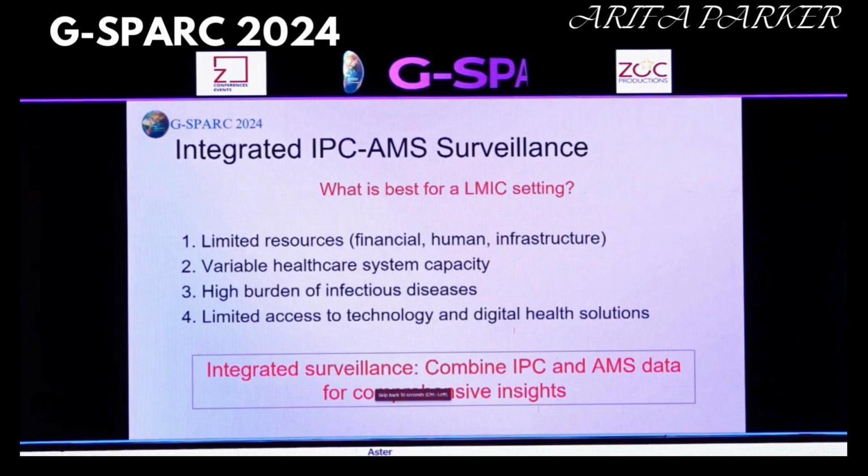We would use data analytics with the application of statistical models to identify trends, and even use things like machine learning and algorithms to predict infection risk and antimicrobial resistance. But this is obviously a challenge in a low to middle income setting because of lack of resources and staffing.